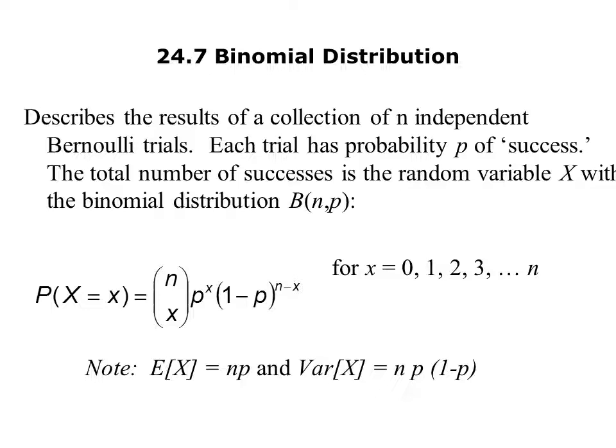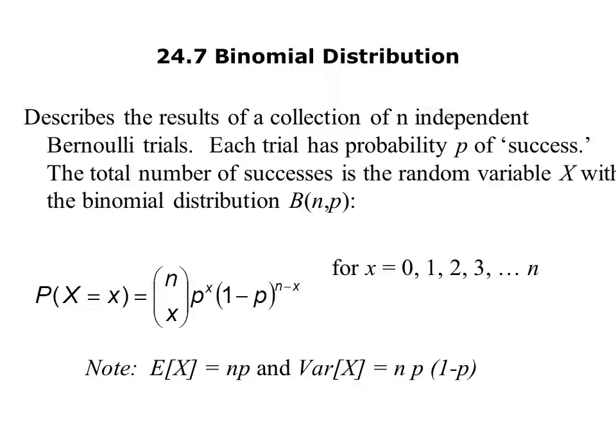Something that could come out with what we're going to call the success or outcome of interest with a certain probability p. With the coin toss, the chance of getting a head would be 0.5. And with the roll of a die, the chance of getting a 4 would be 1/6. P then would be our parameter of the probability of that particular outcome.